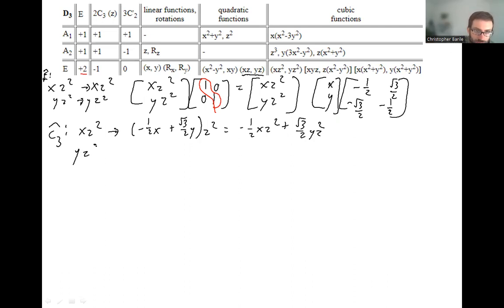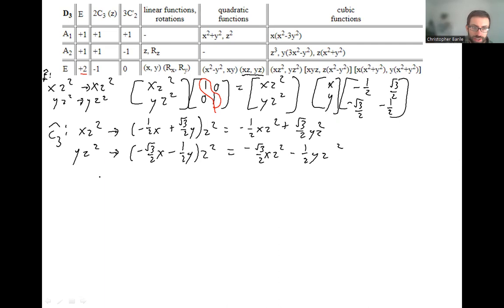We can do the same thing for yz squared, and we should get the same sort of linear combination phenomenon with xz squared and yz squared. Y goes to, looking at our transformation matrix, -√3/2 x minus 1/2 y, and then z squared still goes to z squared. So we get -√3/2 xz squared minus 1/2 yz squared.